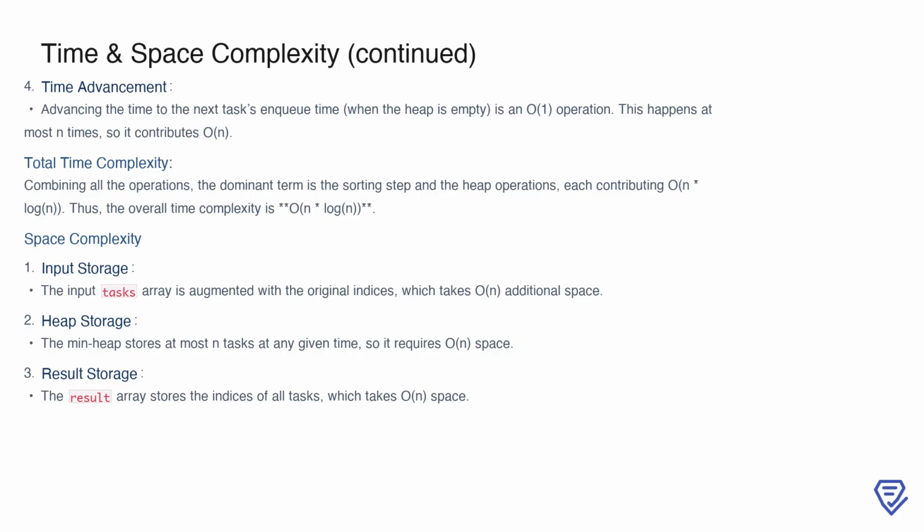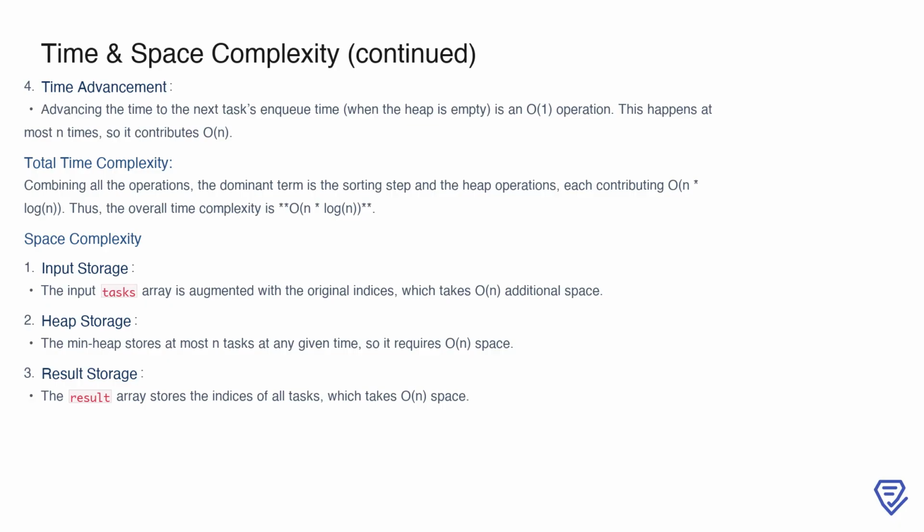Shifting to space complexity, the input array is augmented with the original indices of the tasks. This requires O(n) additional space. The min heap, used to manage tasks efficiently, also requires O(n) space in the worst case, when all tasks are in the heap. Finally, the result array, which stores the indices of the completed tasks, takes O(n) space.